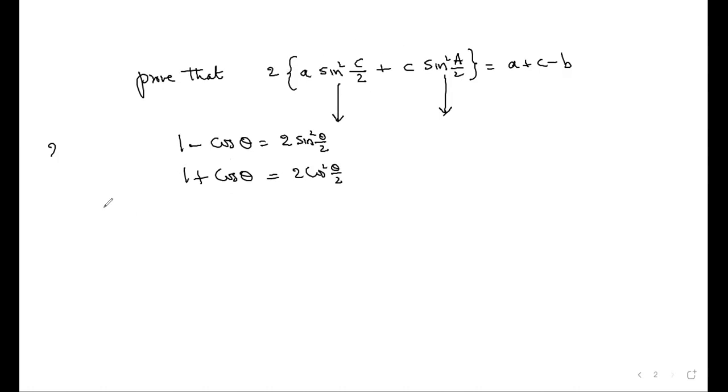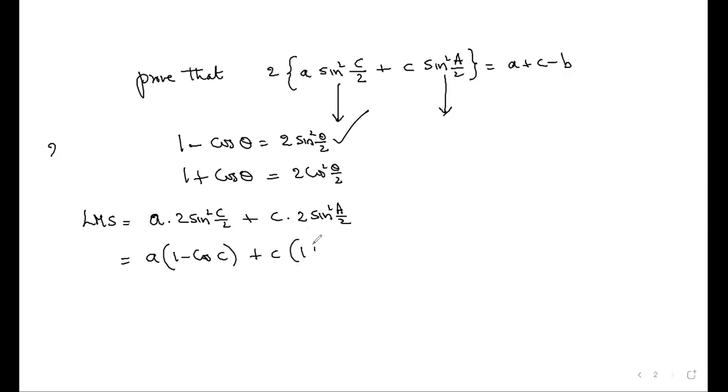Start with the left hand side and open the bracket. A into 2 sine square C by 2 plus C into 2 sine square A by 2. Apply this formula: A into 1 minus cos C, C into 1 minus cos A. Open the bracket.